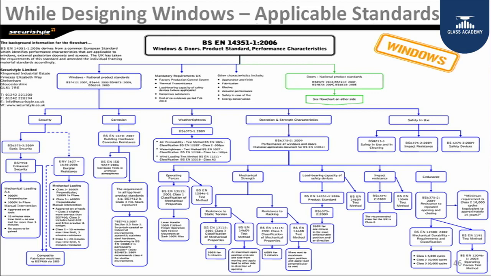There is another part of it: windows also need to be tested. In India, we do not have many standards applicable for the window industry, but in the international arena there is a huge range of test standards for testing window framing materials or applications, opening and closing pressures, wind load performance and so on and so forth.